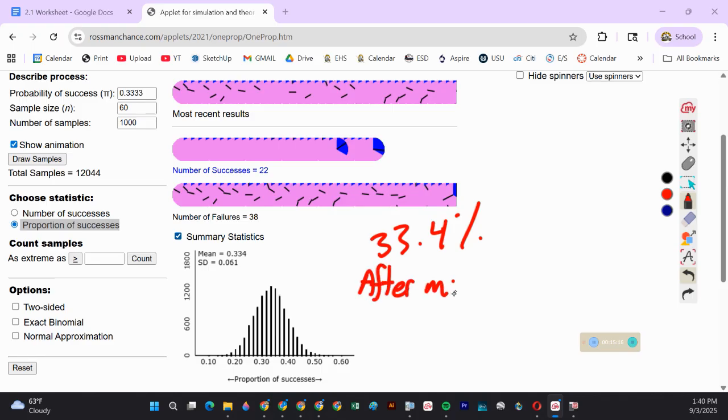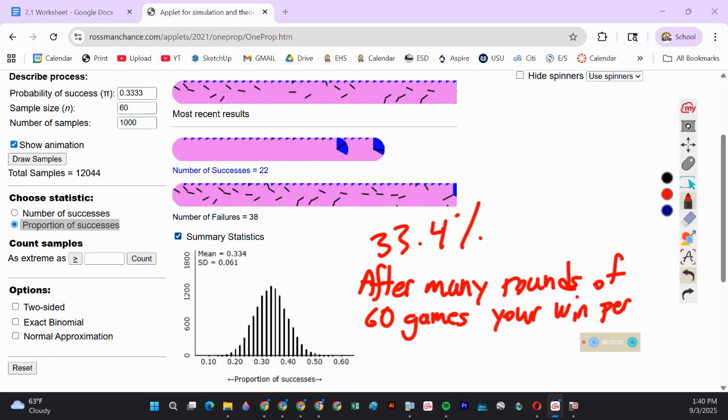So after many rounds, and what was a round again? 60 games. So after many rounds of 60 games, your win percentage should be about 33.4% if you are guessing, right?